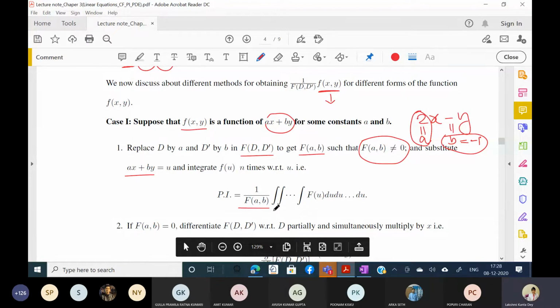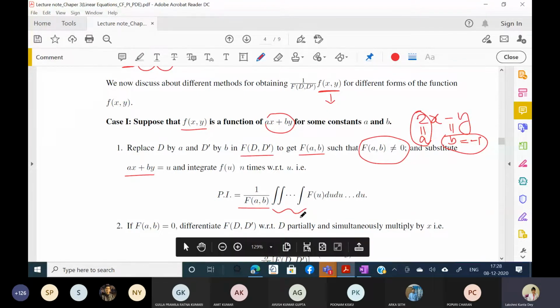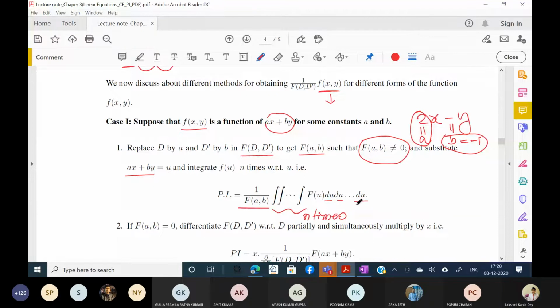Integration n times. How many times? It is n times, whatever the order of the differential equation.